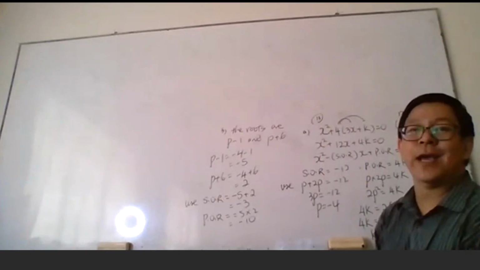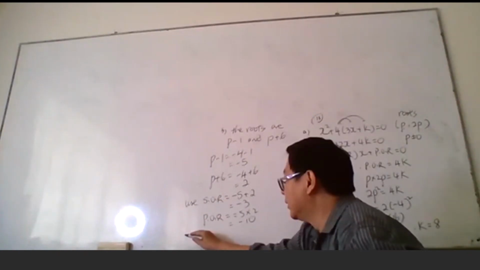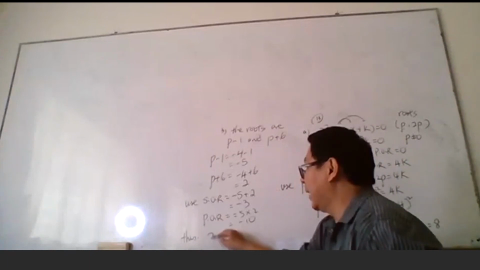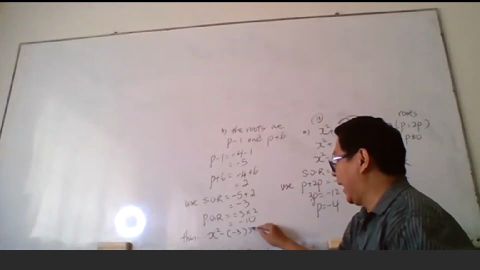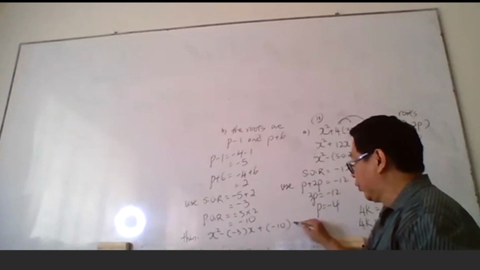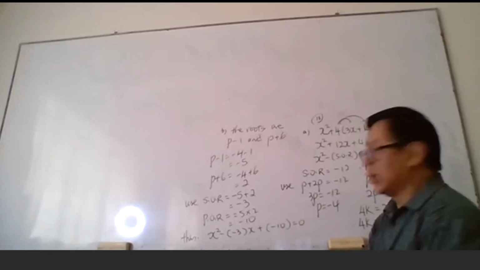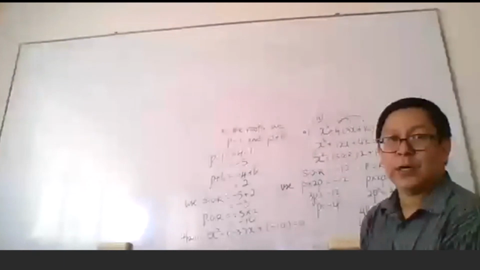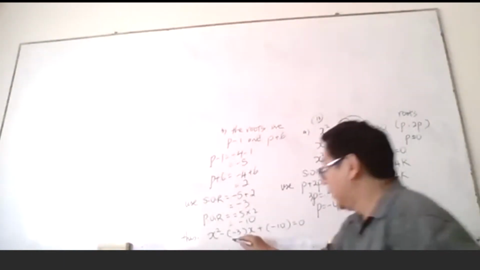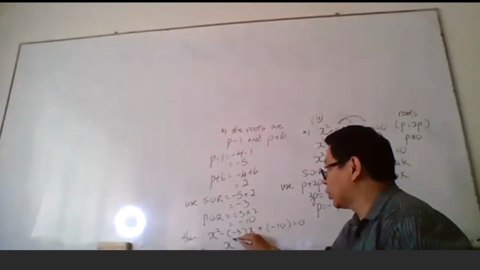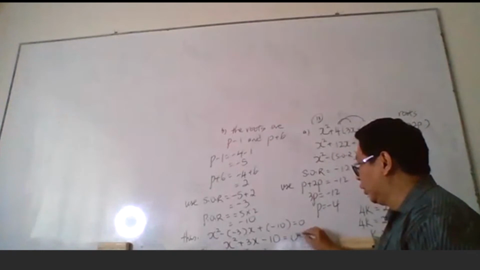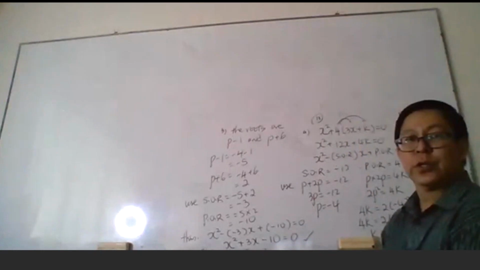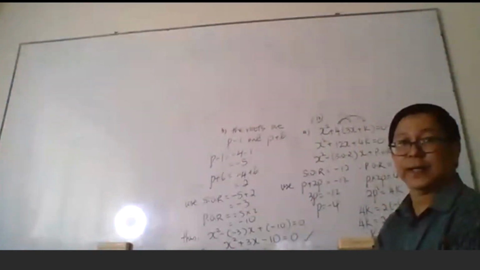So to form a new quadratic equation, x squared minus sum of the root, negative 3x, plus product of the root. So this is not my final answer, we got one more step. And the final answer will be definitely x squared plus 3x minus 10 equal to 0. So this is my final answer.